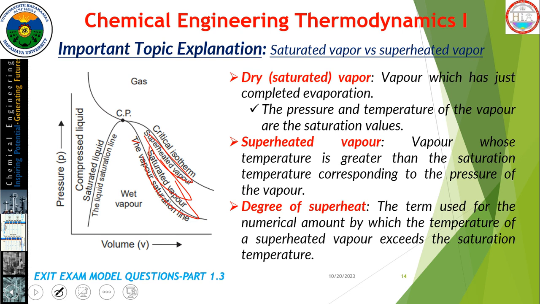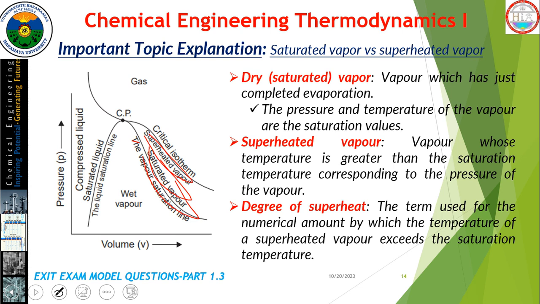This is the term used for the numerical amount by which the temperature of superheated vapor exceeds the saturation temperature. When the temperature of the superheated vapor exceeds the saturation temperature, we say there is a degree of superheat.